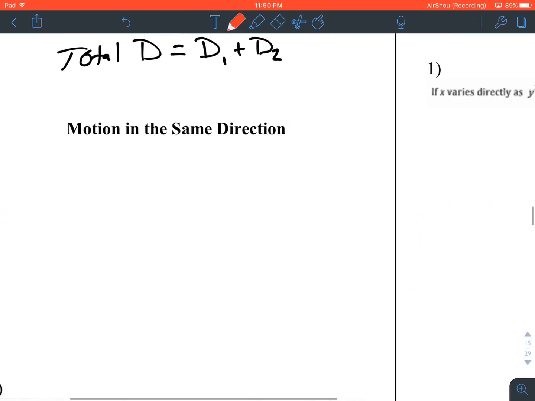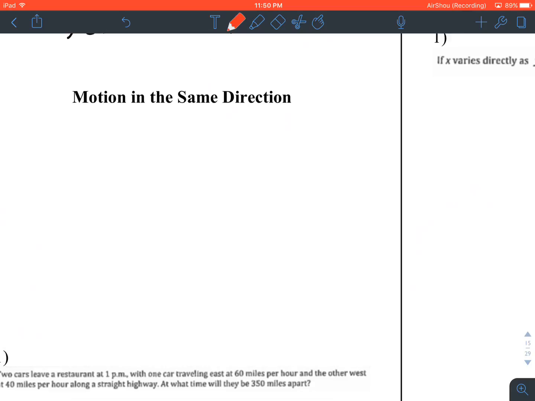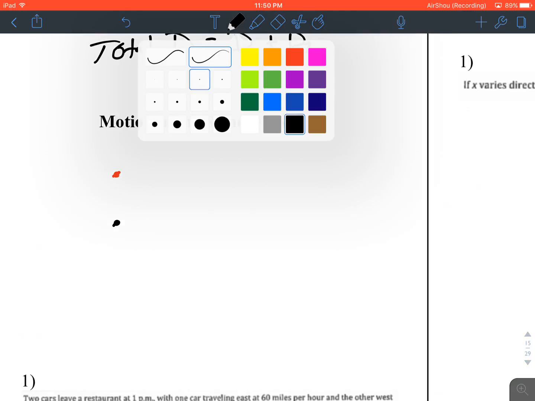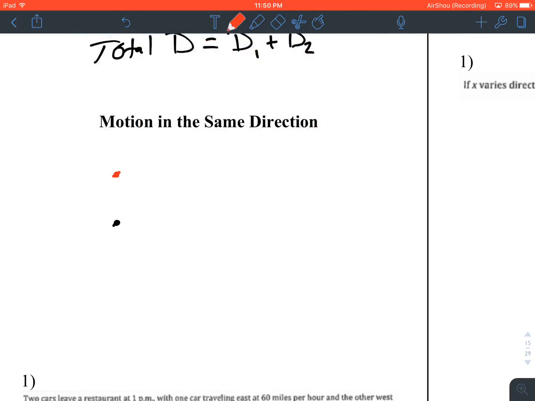If you have motion in the same direction, so like you got this person starting here, and you got this other person starting here. Person 1 starts early, and they're going in this direction.